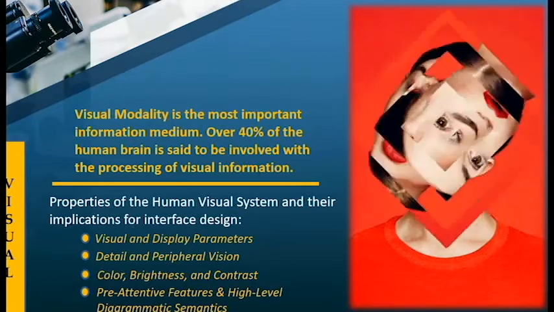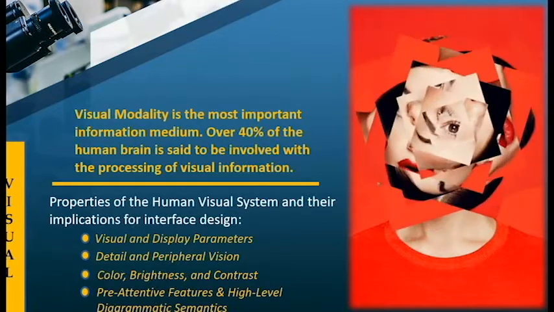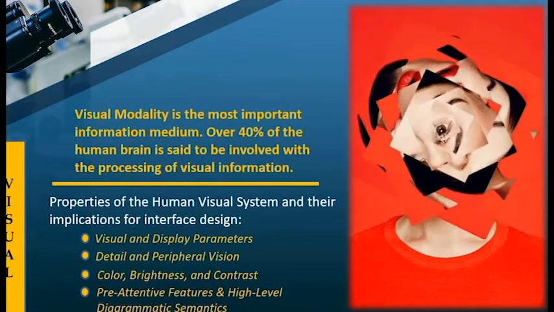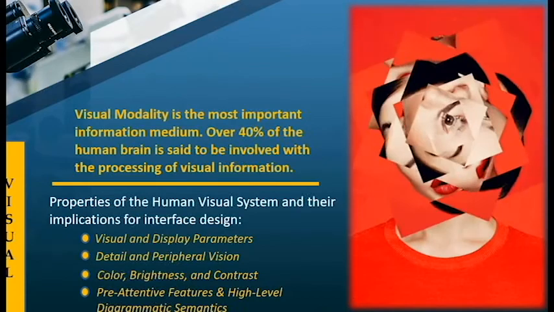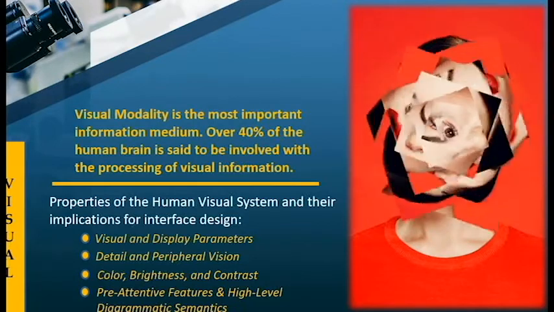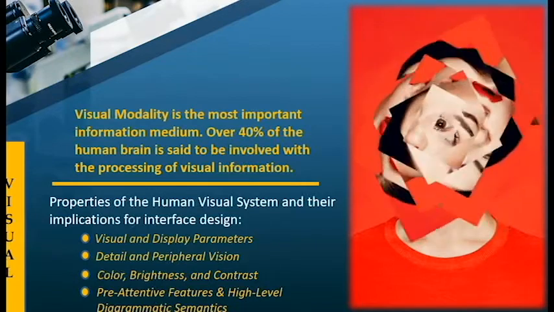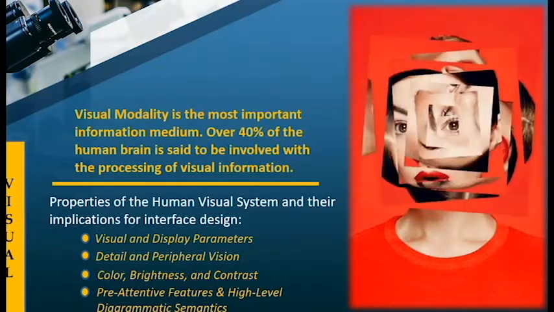So in this section, we review some of the important properties of the human visual system and their implications for interface design. So we have parameters of visual and display, detail and peripheral vision, color, brightness and contrast, pre-attentive features, and high-level diagrammatic semantics.